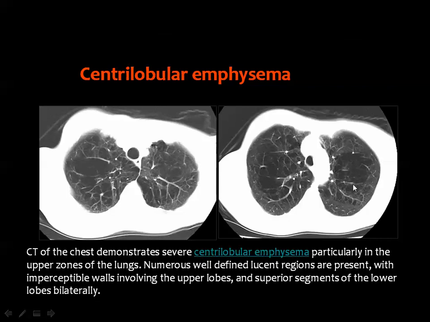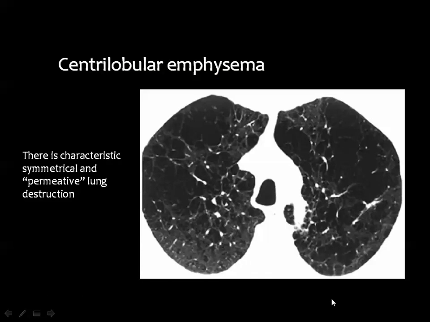Also, you should know that emphysematous bullae do not have an appreciable wall, which is completely different from histiocytosis and lymphangioleiomyomatosis. If you look here, you cannot appreciate that there is a wall.